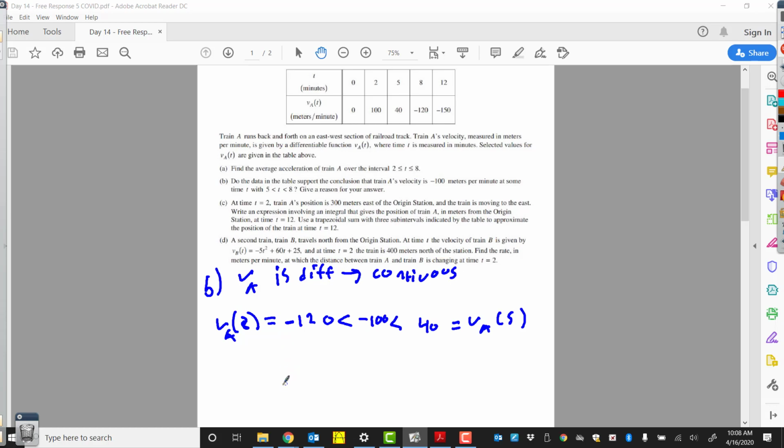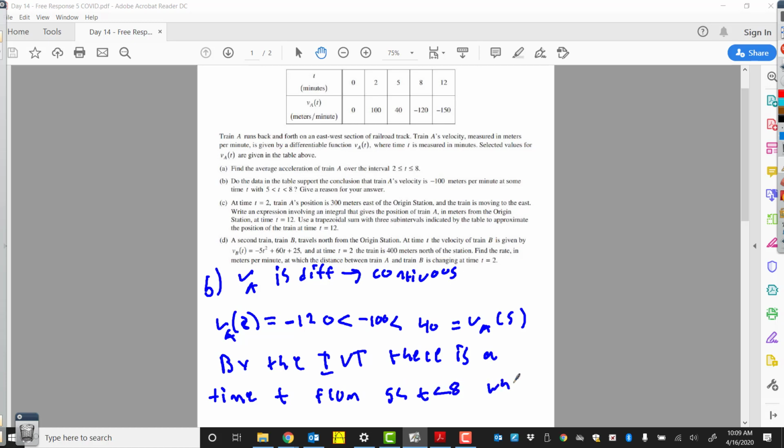So there's a specific theorem we can reference here. By the intermediate value theorem, very old theorem, but by the intermediate value theorem, there is a time t from 5 to 8 where v of t is equal to negative 100.